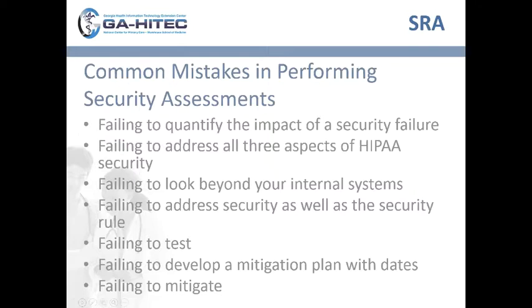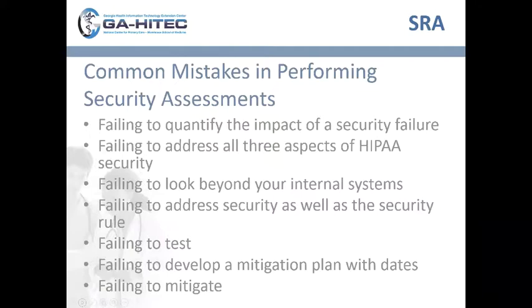Failing to develop a mitigation plan with dates. This is the biggest reason that folks failed meaningful use audits. It's not going to be the things on promoting interoperability, it's not going to be those measures. 75% of the time, it's going to be that the security risk assessment is not documented properly.